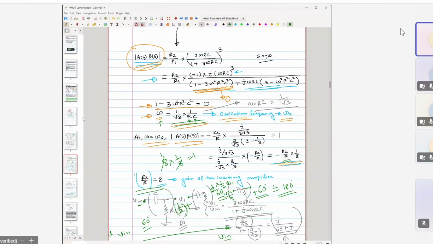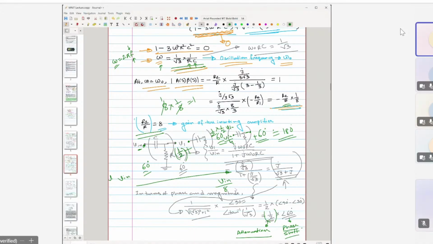Now what is omega? Omega is the angular frequency, and it is related to the linear frequency by the expression omega equal to 2 pi f. So if you can find omega, you should also be able to find the frequency f. So this way you can design an oscillator for a particular frequency.